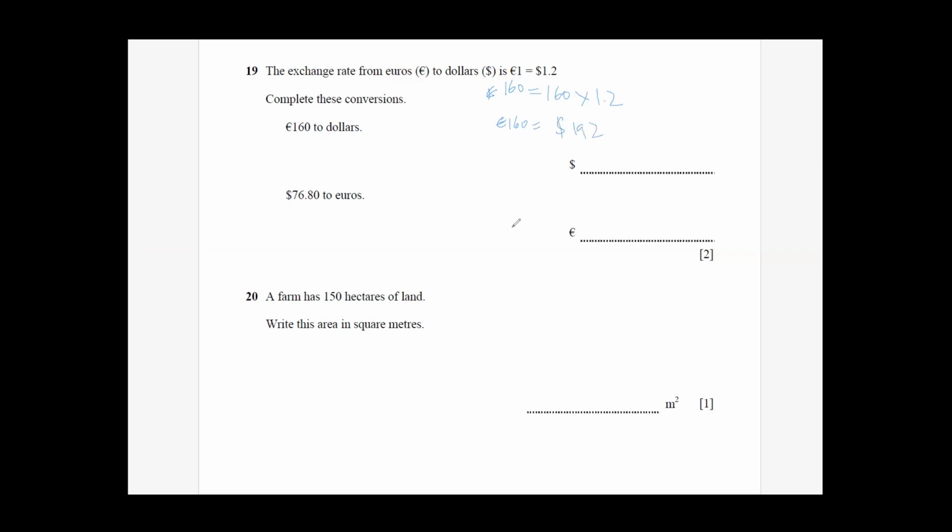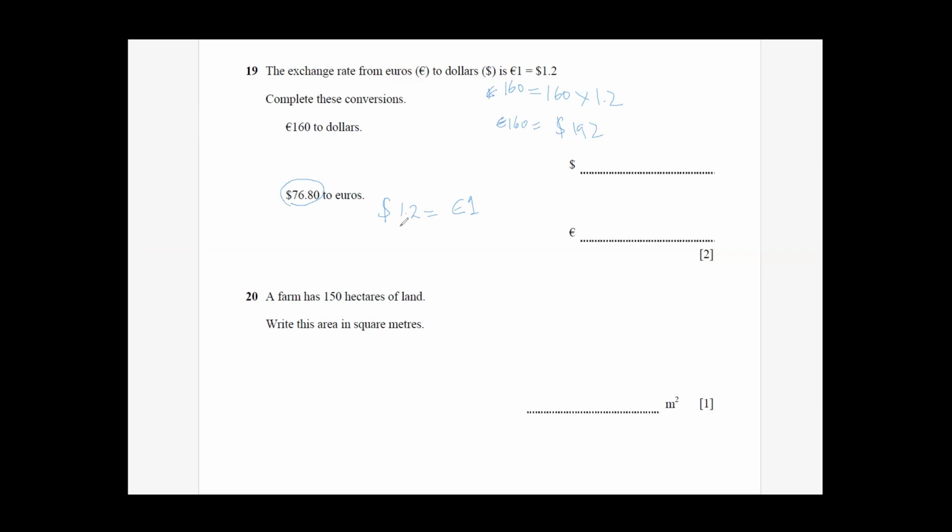Okay, then for 76.80 dollars to euros. Okay, let's again use the same equation. Dollar 1.2 equals 1 euro. So how much would be the value of $1?